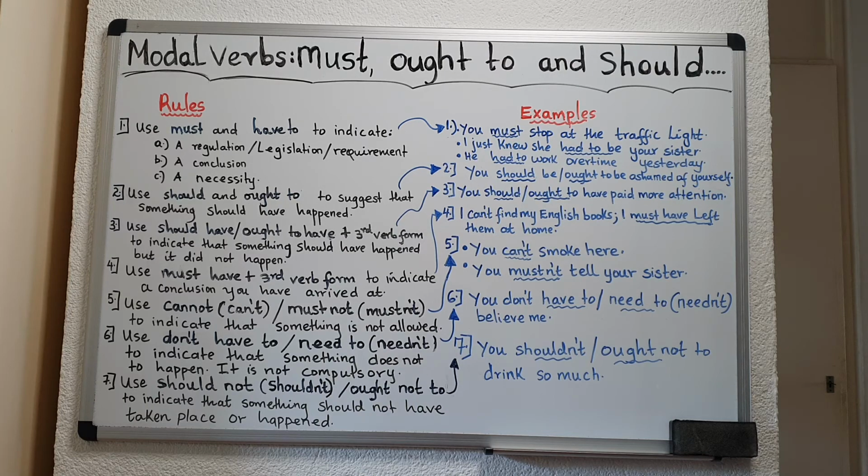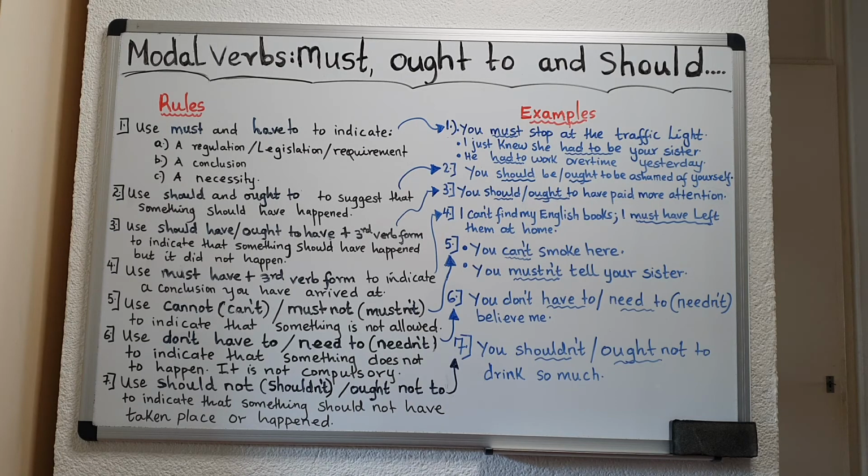You can't smoke here. Like for example, if someone starts smoking in the plane, they will be told, sorry sir, you can't smoke here because it's not allowed. Look at the next example.